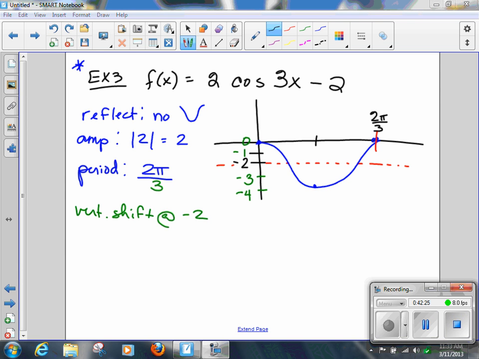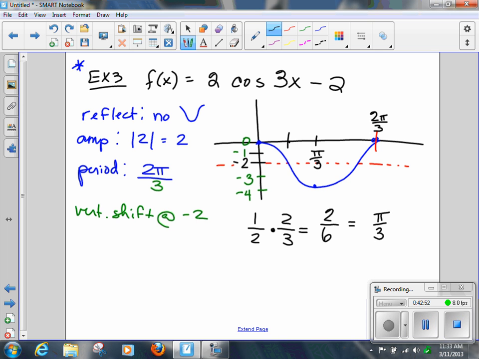Here we go. 1/2 of what? 2/3, which is 2/6, which reduces to 1/3. Well, that one's easy, right?